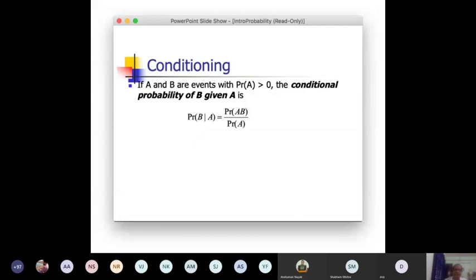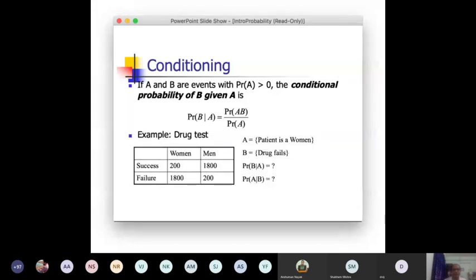And this relationship is the Bayes relationship, Bayes rule. We'll discuss further. Now consider this particular drug test. Same question: what is the probability of B given A, and what is the probability of A given B? Can you compute these two things?